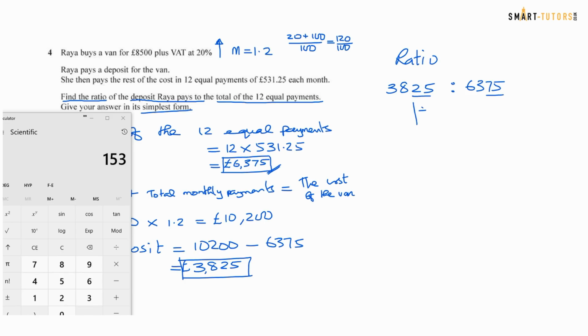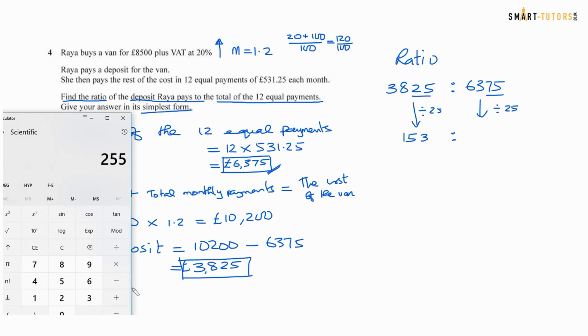Now all we need to do is put it in its simplest form. This is ending with 25, so we can divide both numbers by 25. When you are simplifying a ratio, you have to do the same operation to both numbers.